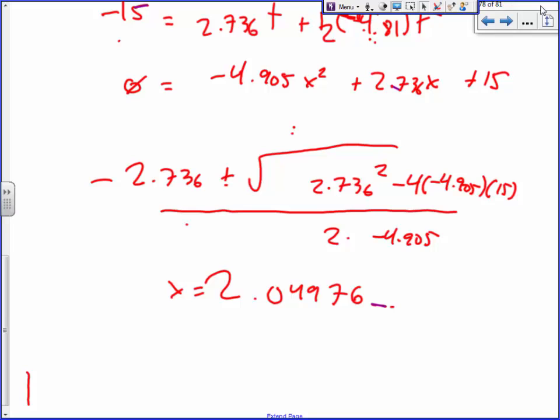So negative A minus the square root of A squared minus 4 times negative 4.905 times positive 15, divided by 2 times negative 4.905. Does that work?